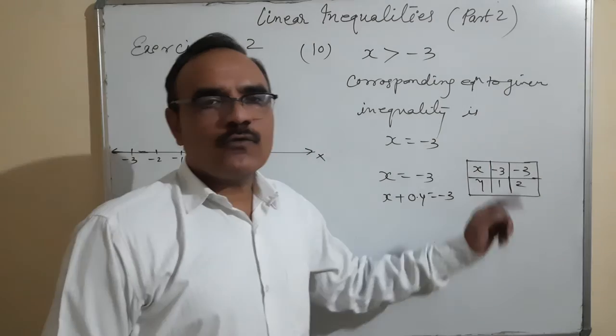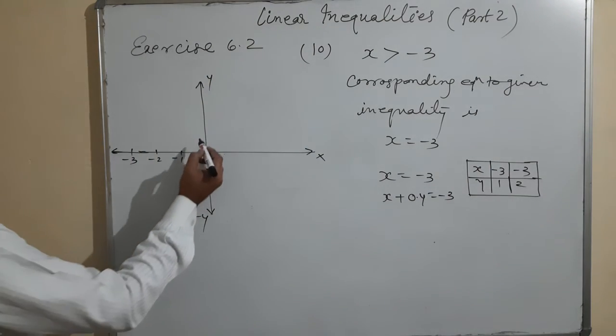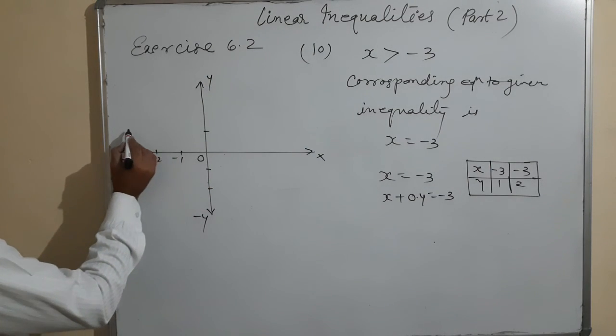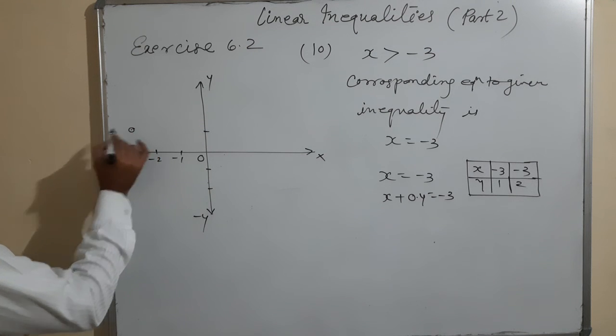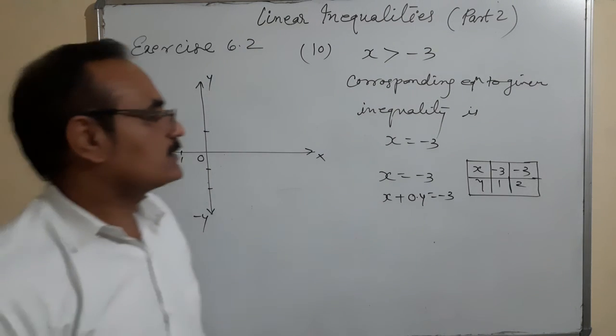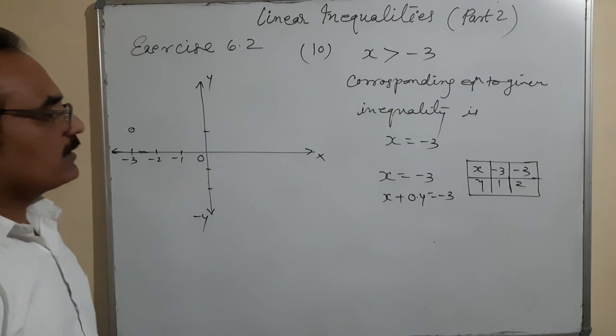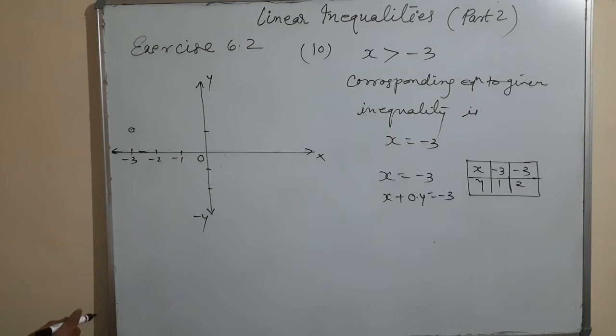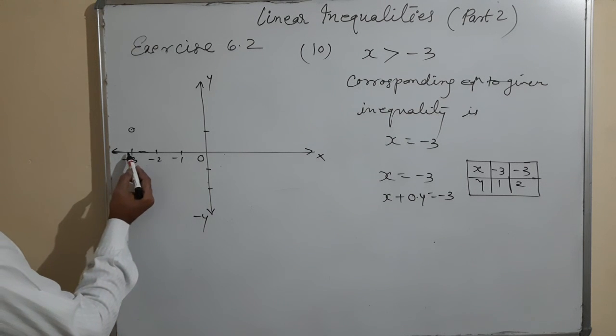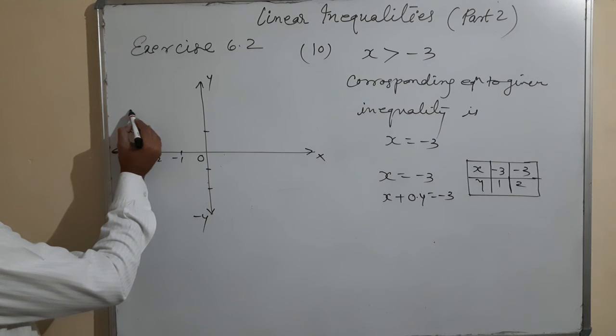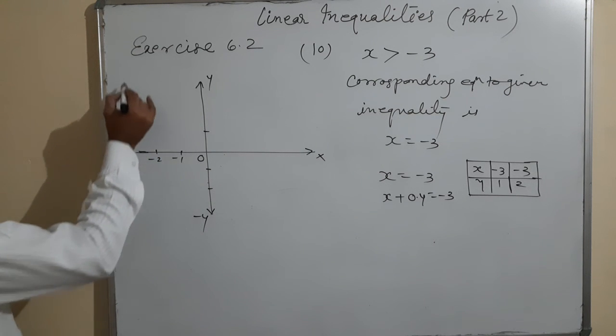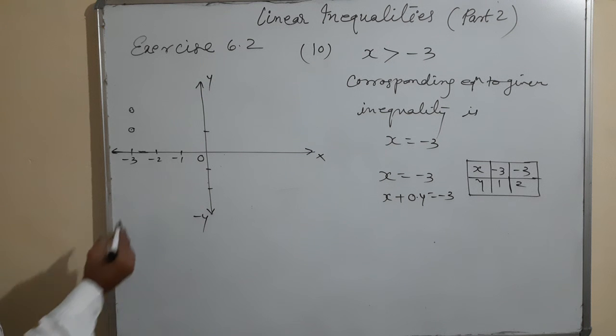Minus 3 comma 1. Y is, this is 1. Minus 3 comma 1. Okay. Second is minus 3 comma 2. Minus 3 comma 2. Minus 3 comma 3.